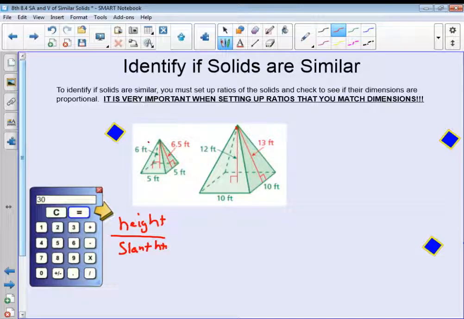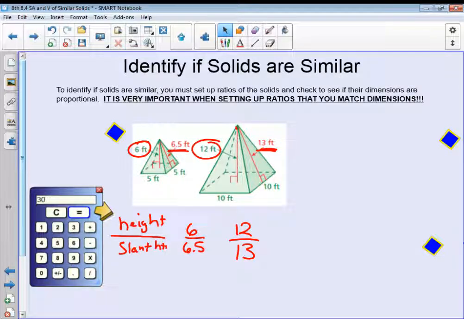Okay, so this is my height and my height, and my slant height and my slant height. So I have 6 over 6.5 on my smaller one, and 12 is my height, and my slant height was 13. So the reason I wouldn't pick this one is because I'm not great with doing decimals in my head, but still, if I have a calculator, I can check it really quick.